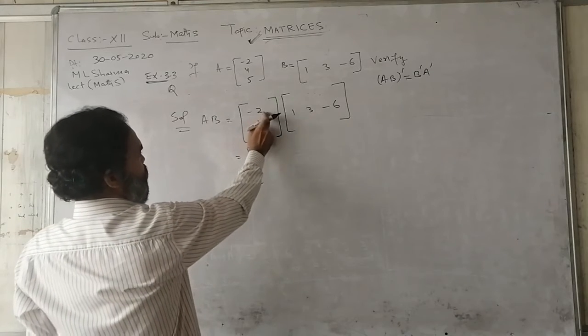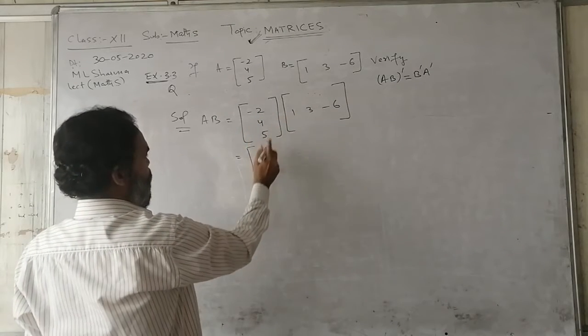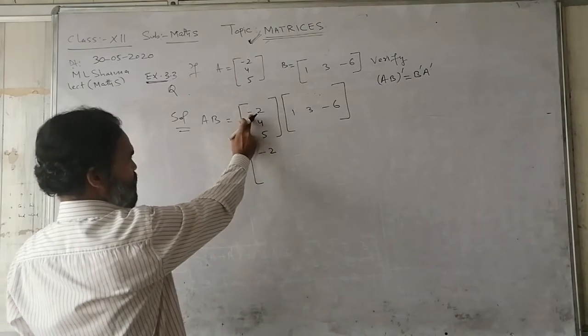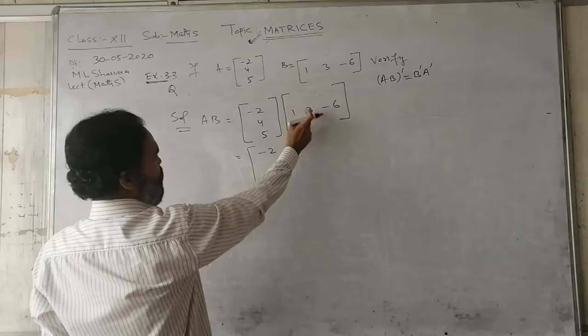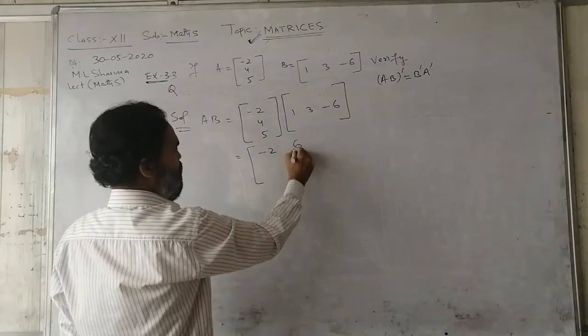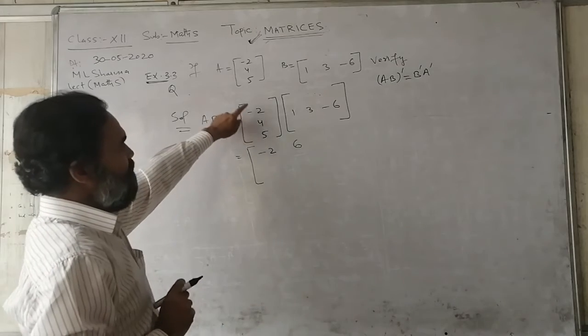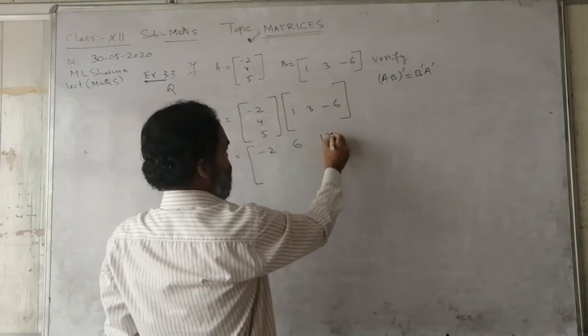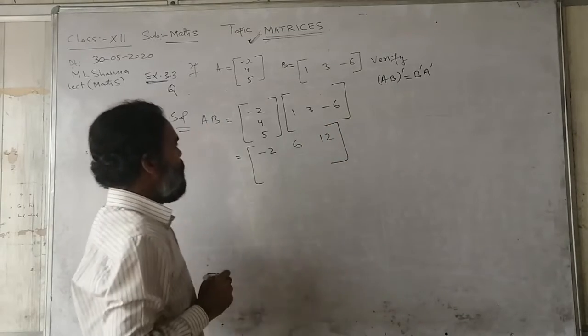So -2 into 1 is -2, then with the same element I will have to multiply 3. -2 into 3 will be -6, and again -2 into -6 will give 12.